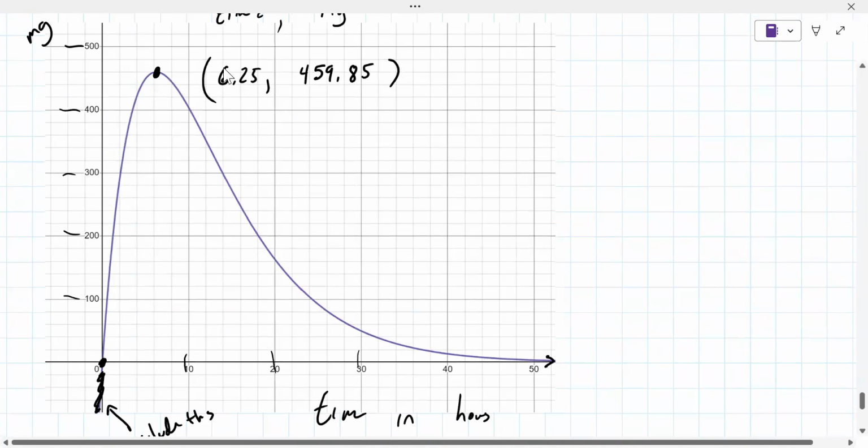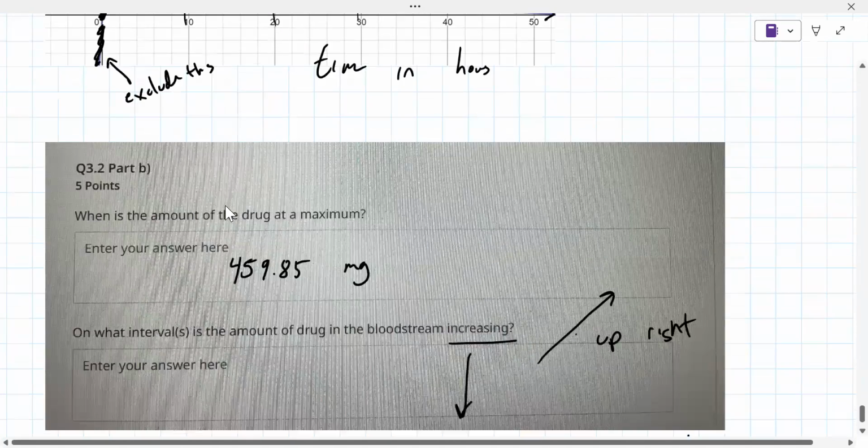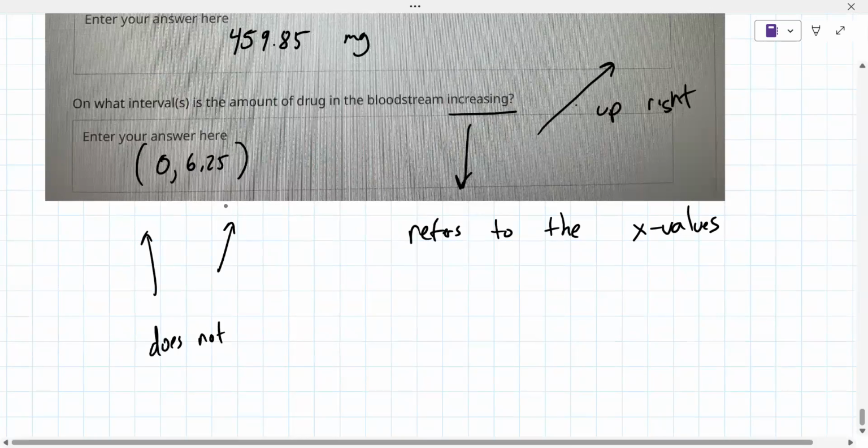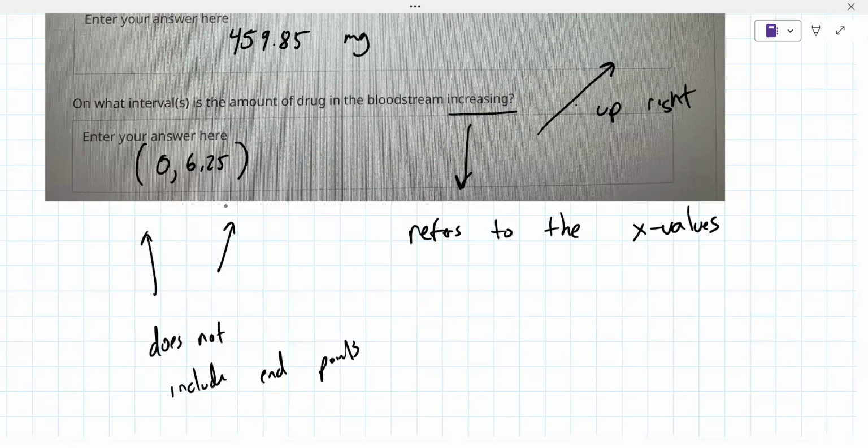What is the X value here? It's 6.25. It's increasing from 0 to 6.25. It does not include the endpoints, and the reason is at the endpoints, it's neither increasing nor decreasing.